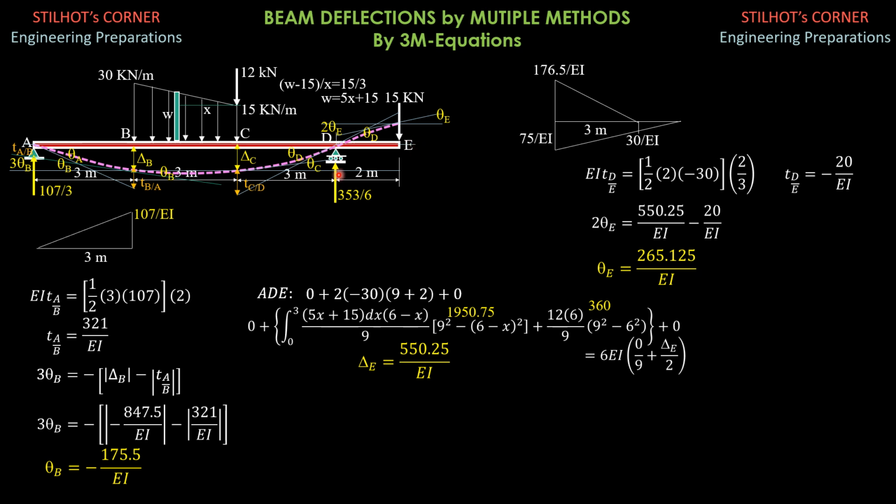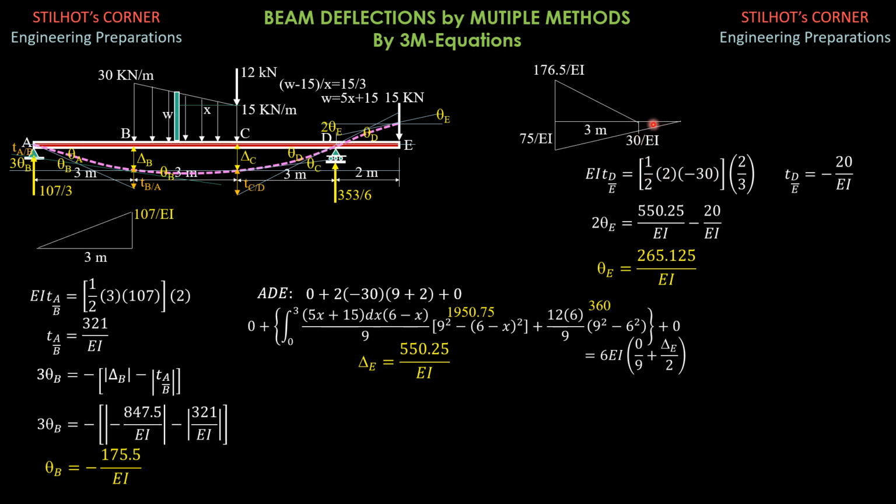Then finally, to solve for theta E, this is the tangent at theta E. And let's evaluate this distance of D relative to the tangent at E. So we compute EI times the deviation of D relative to the tangent at E. So it is just the moment of this area between D and E. This is D, this is E, this area here, with respect to D. So it is area 1/2 of 2 times negative 30.